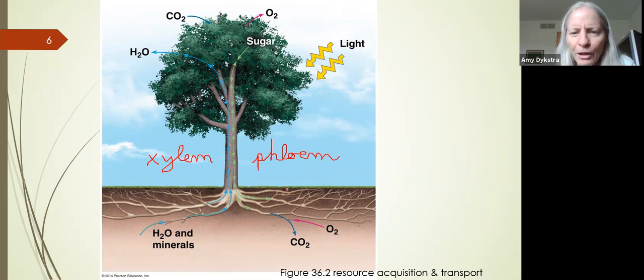I hope you guys can read cursive because it's easier for me to write cursive with a mouse than it is to try to print it. So xylem is what water moves through, and phloem is what sugar moves through.